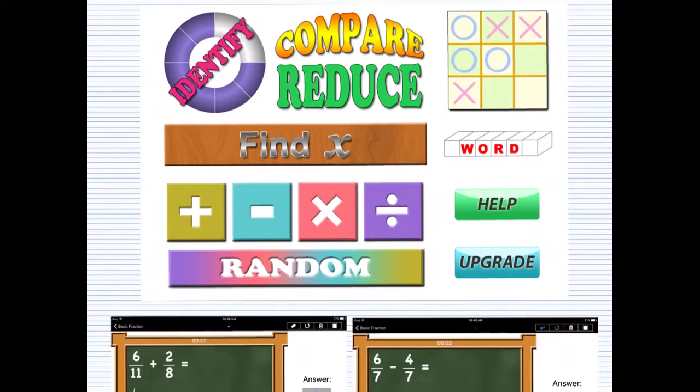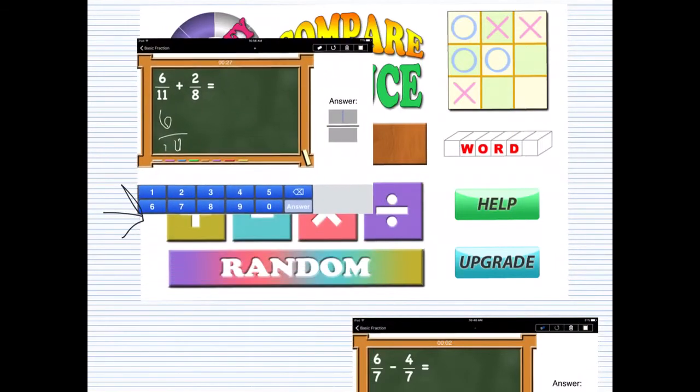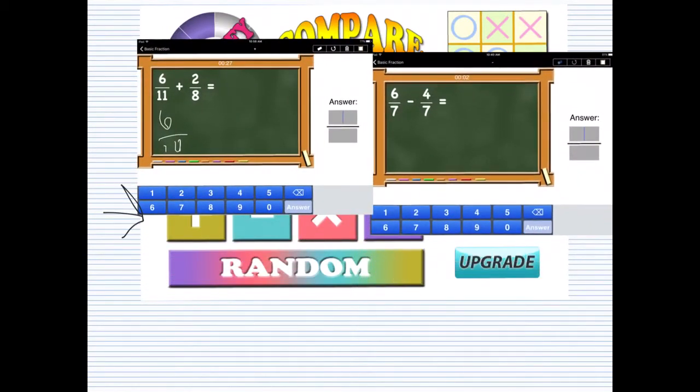For the add, subtract, multiply, and divide symbols, there are equations given to the students, and these will be adding, subtracting, multiplying, or dividing, depending on which one they choose. They are just like all the other categories. They have the answers so that students can see, and they have the keyboard.